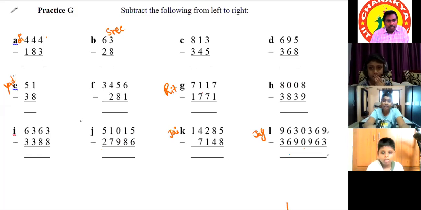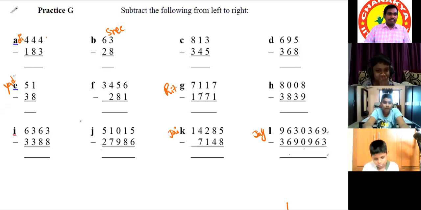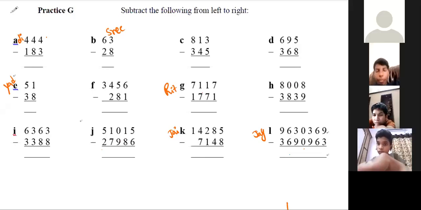Sir, I gave for L, but sir, Ritvik got a chance, right? That's it. Ritvik is there in the previous exercise. Jayit, he was there at the last one. Just wait. You are wasting time.